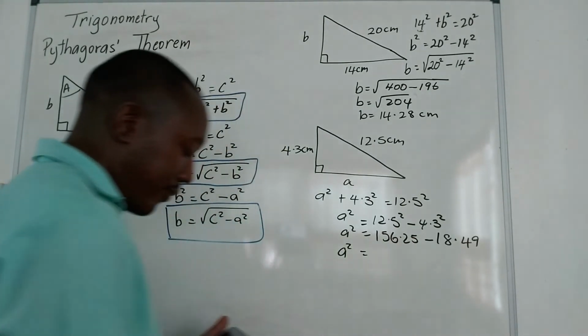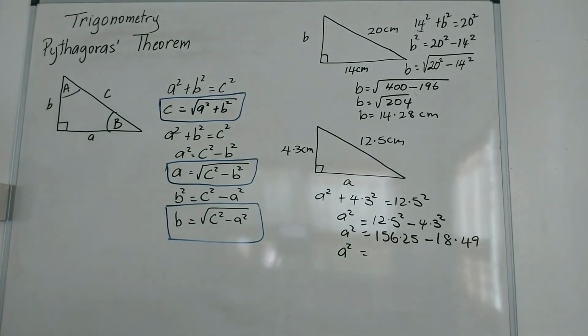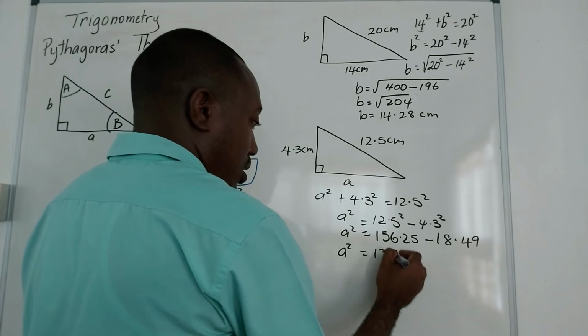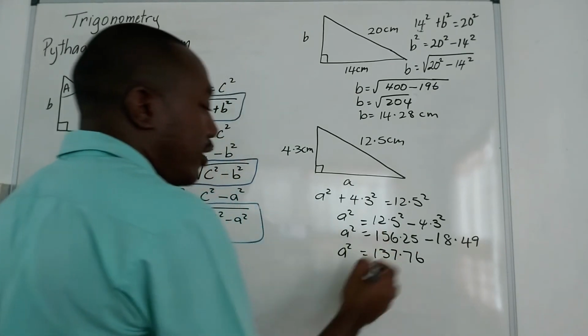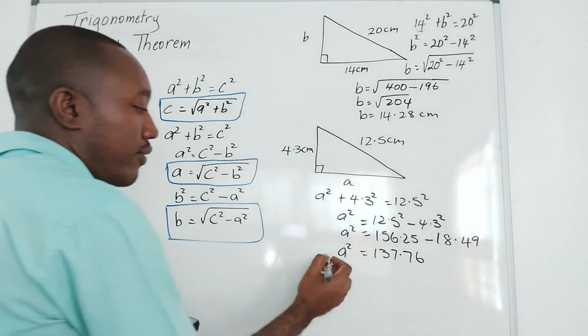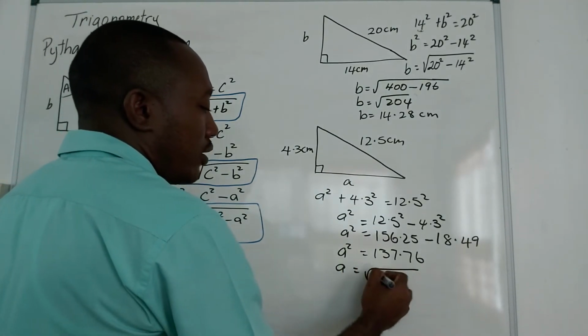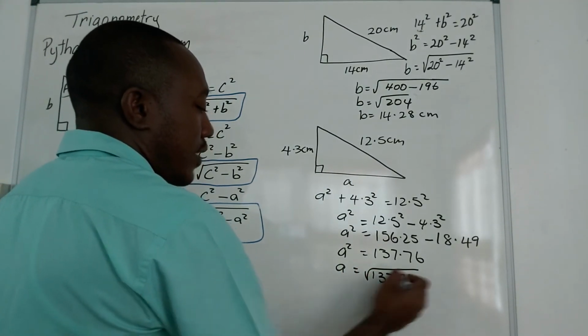We subtract. So 156.25 minus 18.49 gives us 137.76, and then we find the square root of that answer. a will be equal to the square root of 137.76.